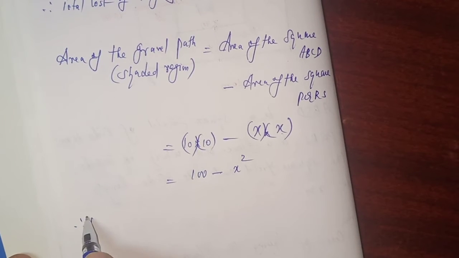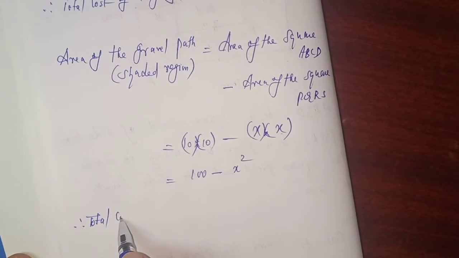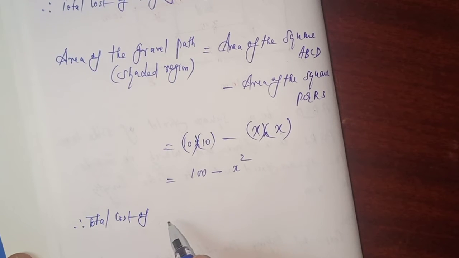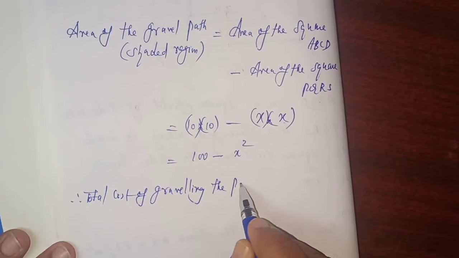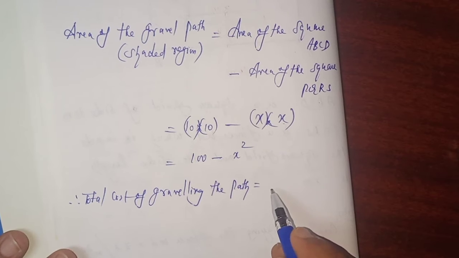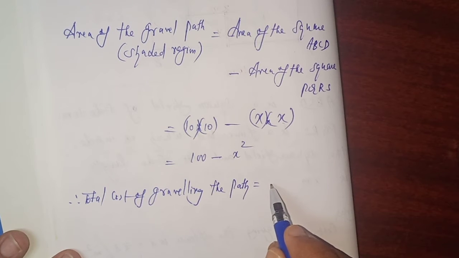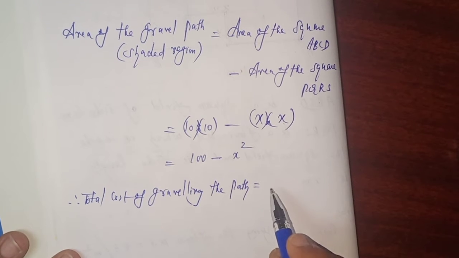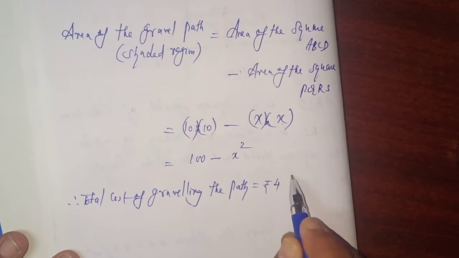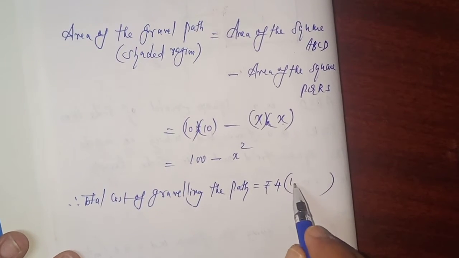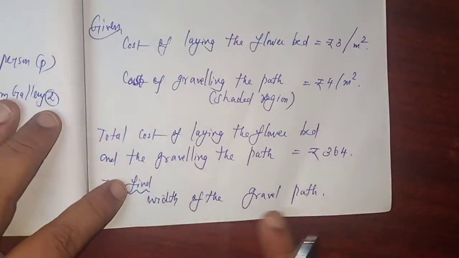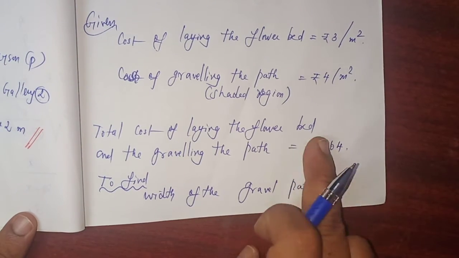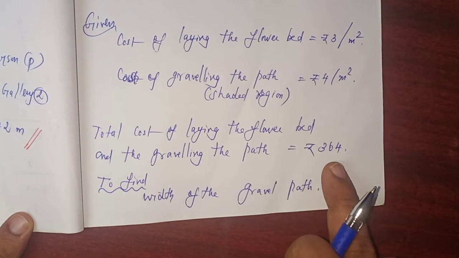Now, the total cost of graveling the path equals, for 1 square meter for graveling the path equals 4 rupees given. Therefore, rupees 4 into, what is the total area? 100 minus x squared. Total cost is given. The total cost of laying the flower bed and graveling the path equals 364.